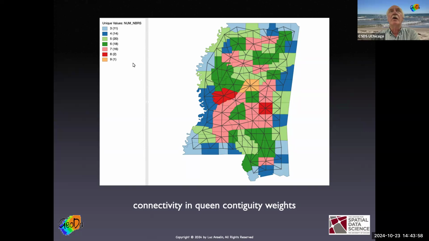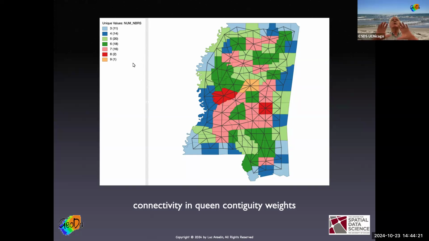This is a neighbor cardinality map. So it's a map that shows for each color how many neighbors that location has. And these numbers are discrete, so it becomes a categorical map. Doesn't have to be, but it's easier to see it that way.